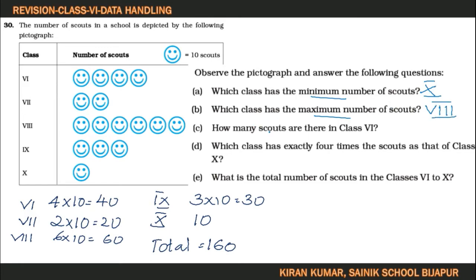Next we have how many scouts are there in the class 6? It's 40. Which class has exactly 4 times the scouts that of the class 10th? Again, it is class 6th which has got 4 times. What is the total number of scouts in the classes from class 6 to class 10th? The total we have found is 160.